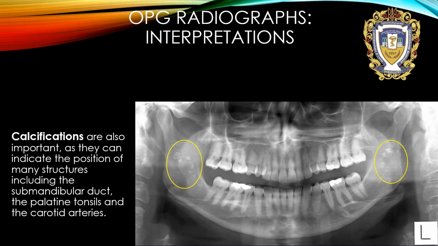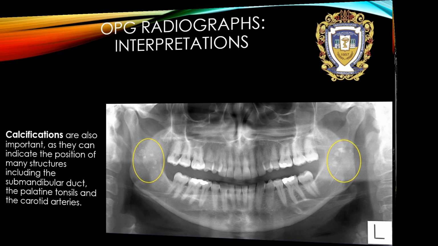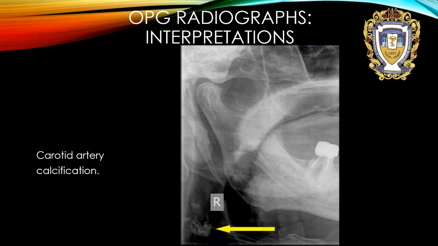Calcifications are also important, as they can indicate the position of many structures, including the submandibular duct, the palatine tonsils, and the carotid arteries. They are shown: calculus inside submandibular gland or carotid artery calcification. Calcification of arteria carotis.